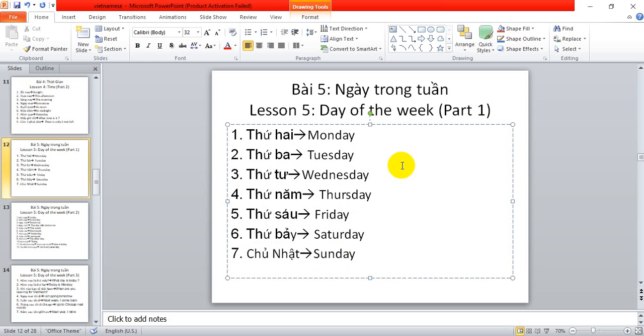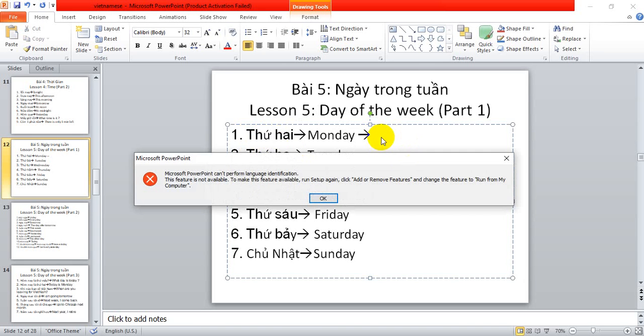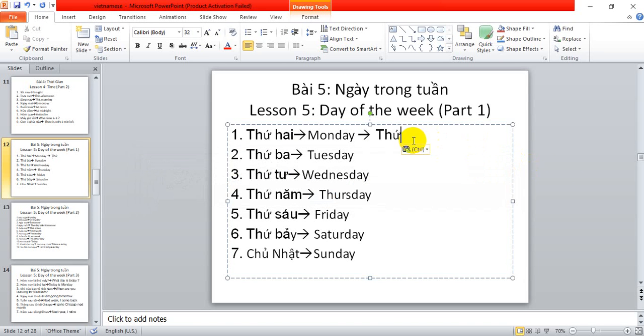Okay, to help you remember the days of the week easily, you just need to remember the word thứ. Just remember this way: thứ plus the number.